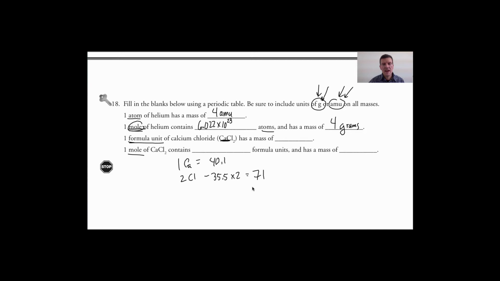So when I add these two together, my formula unit of calcium chloride has a mass of about 111.1, and this is AMU, because we're talking about a single unit.